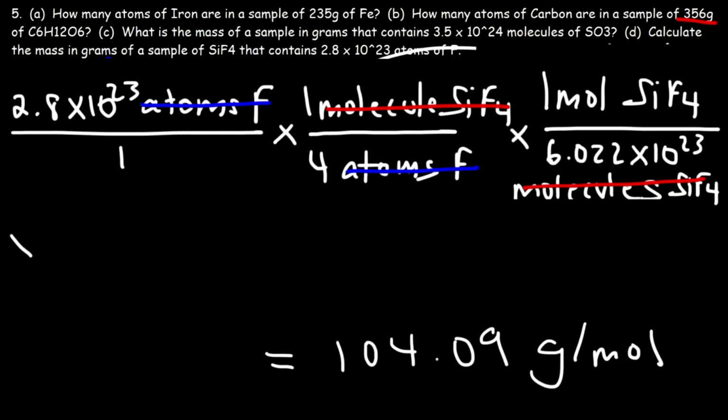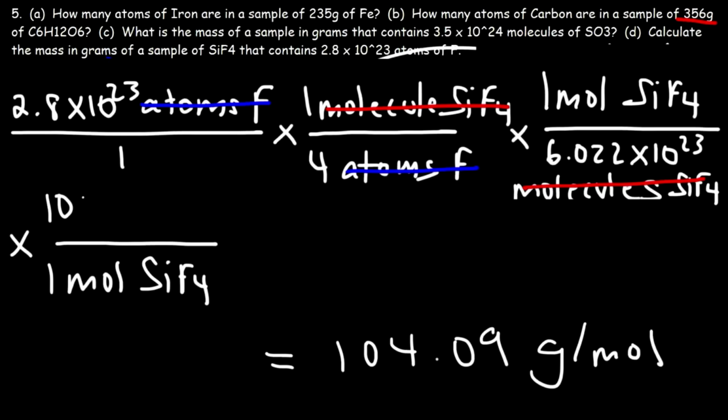So what we can write in the next fraction is that 1 mole of silicon tetrafluoride has a mass of 104.09 grams. And so now we could cancel the unit moles of SiF4.